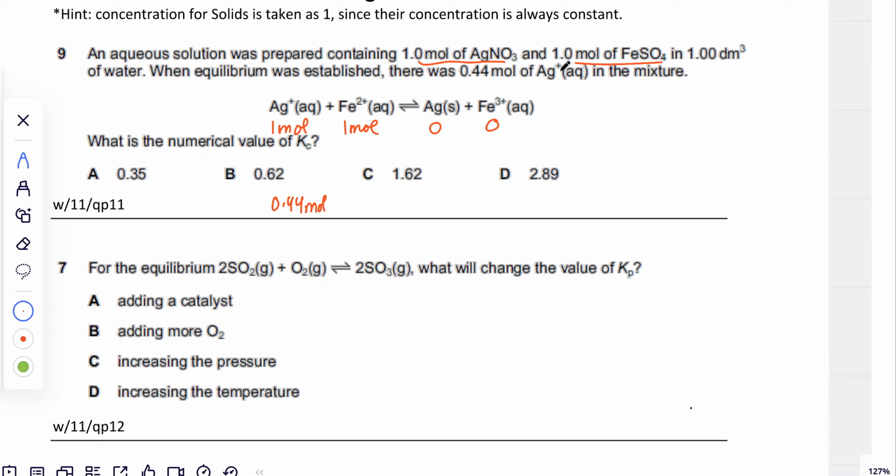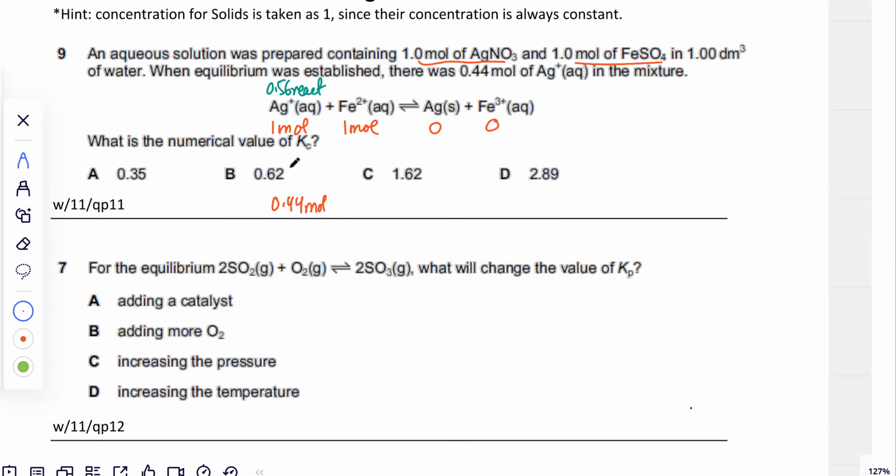So you started off with 1 mole, and now you have 0.44 moles. What does that mean? That means that 0.56 moles are gone. 0.56 moles are missing, so that means 0.56 moles must have reacted. TK, is this clear? Emma, is this clear?